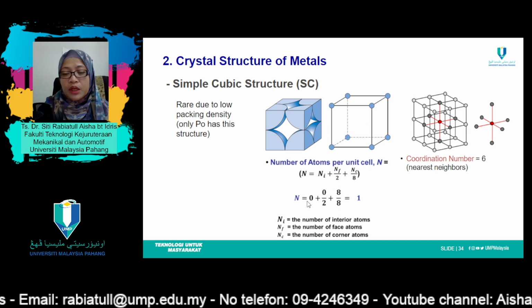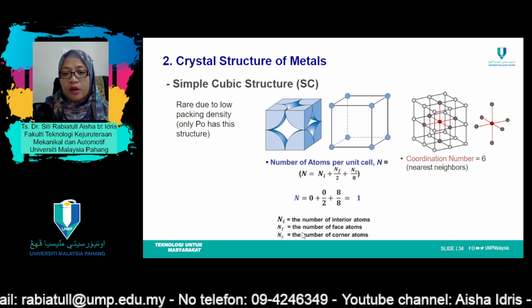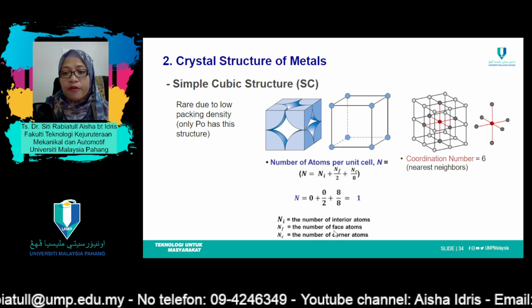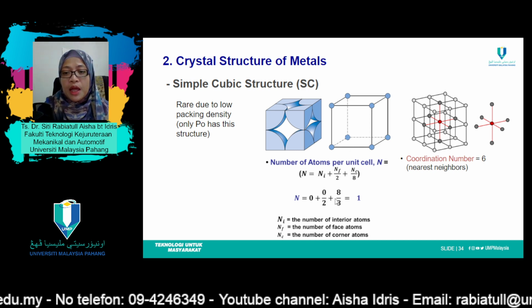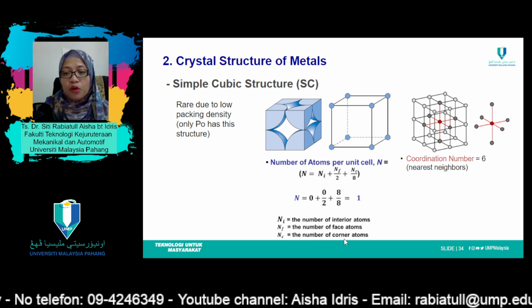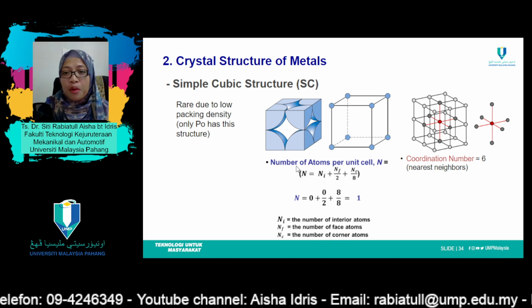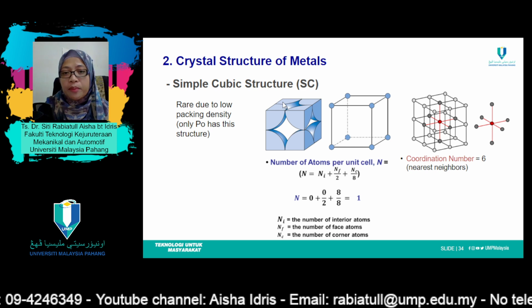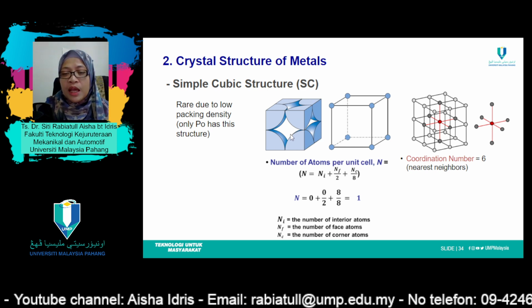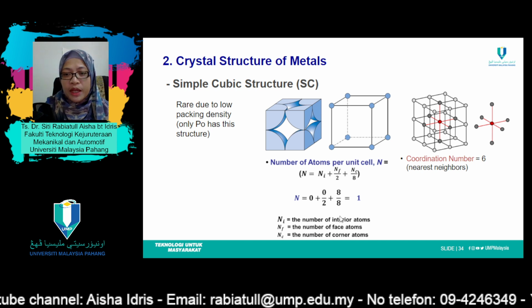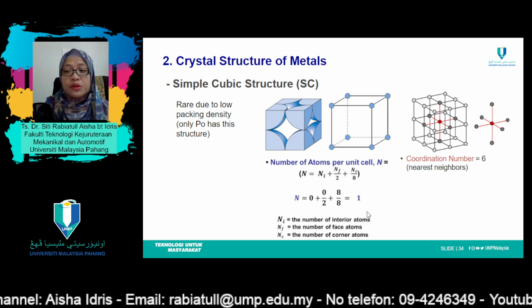No, so it equals 0. The number of face atoms, so no face atom, so 0 over 2, plus the number of corner atoms. Yes, there are 8 corner atoms in SC. 1, 2, 3, 4, 5, 6, 7, and 8 at the back. So 8 over 8 altogether equals 1.